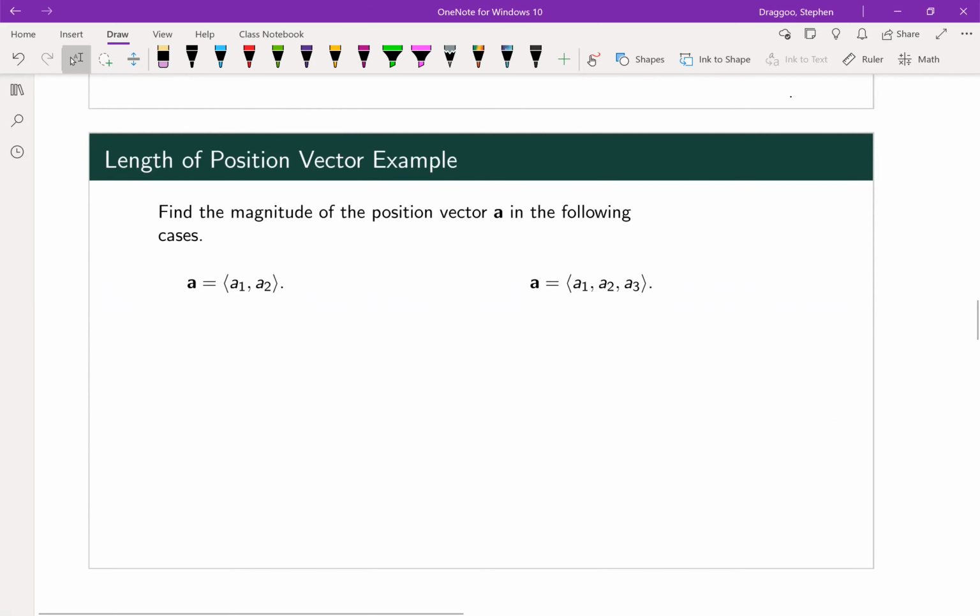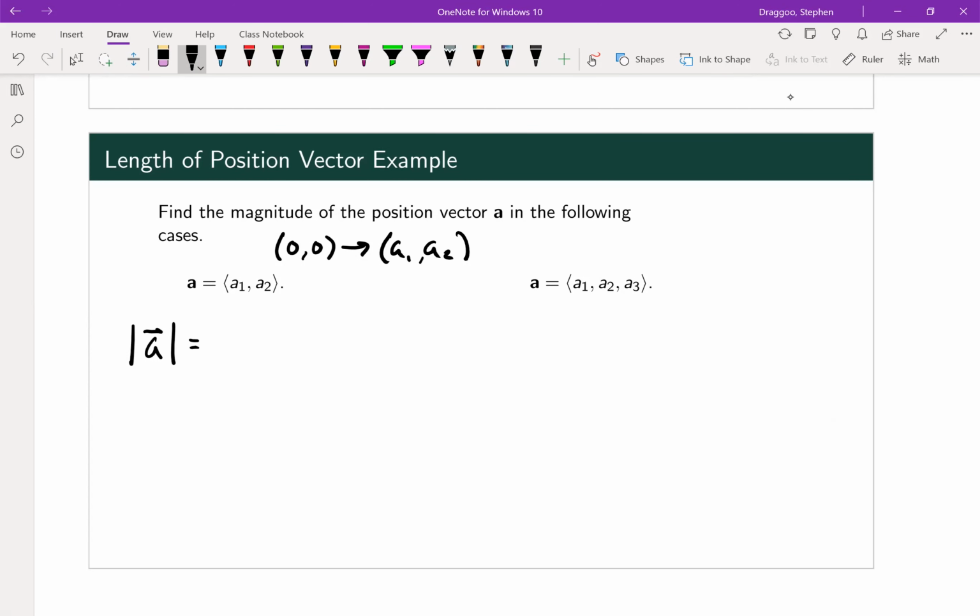All right, and then as an example, we'll look at a generic length for a position vector. So if we wanted the magnitude of a, since this is a position vector, it means that we're starting at the origin and then going to the point (a1, a2), which means we're going from (0, 0) to (a1, a2).